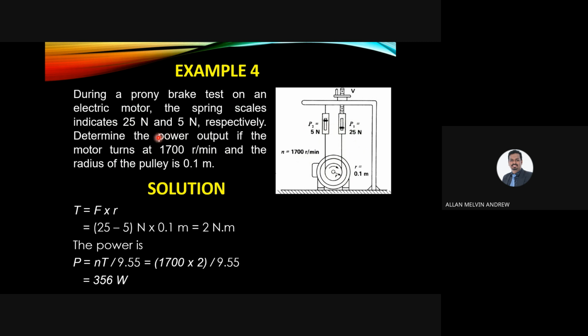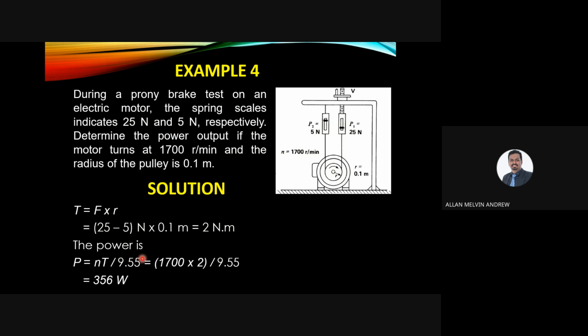We want to determine the power output. To solve, T equals FR, so we use this formula. F we know: 25 minus 5 Newton, the differential. R is 0.1, so we get 2 Newton meters.